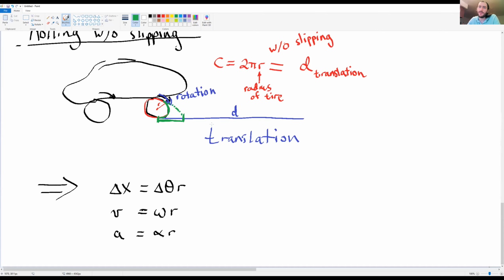Only without slipping is that going to happen. If I have slipping, then there's no relationship between these quantities whatsoever.